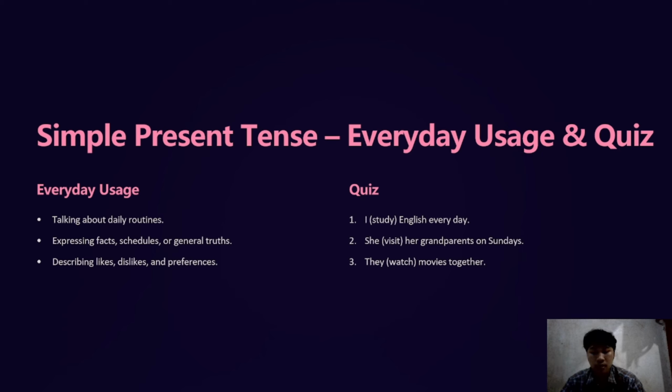These aren't things that change over time, so the simple present is perfect for them. Finally, it helps you describe likes, dislikes, and preferences. For example, I enjoy reading, or he loves playing basketball. These statements tell us about personal taste or what someone typically enjoys.